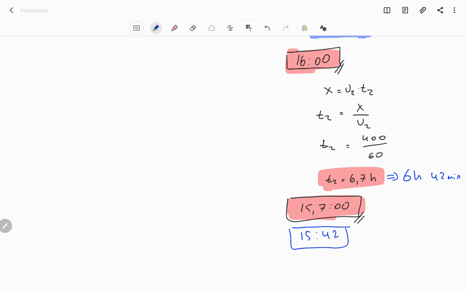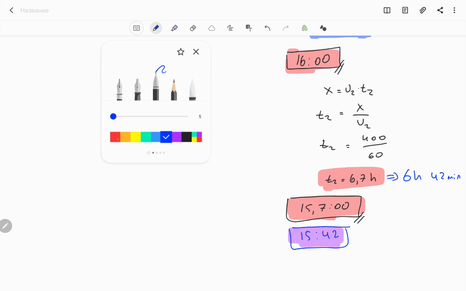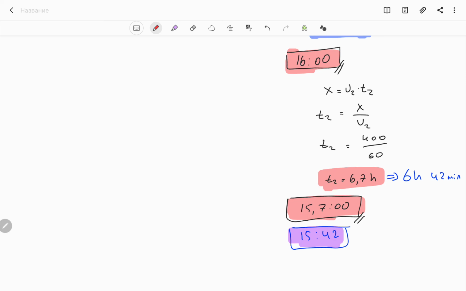This is the exact time that the second person will reach San Francisco. So how many minutes does he need to wait? So 16:00 minus 15:42, it's approximately 18 minutes. The second person needs to wait for 18 minutes.